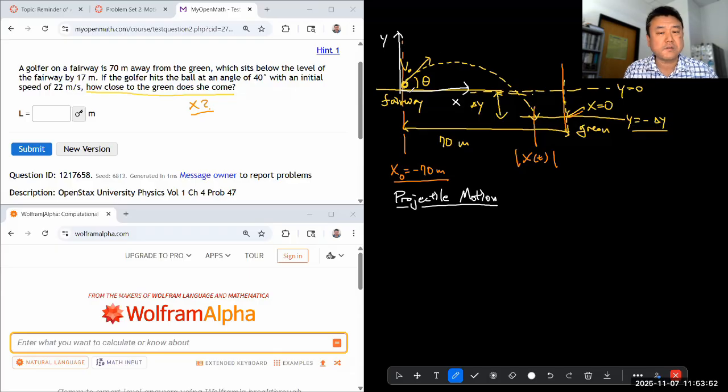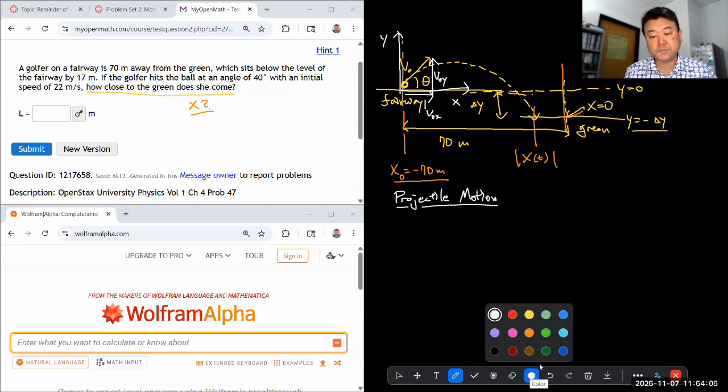Especially if you have an initial velocity, there will be an x component of that, there will be a y component of that. So this is v naught x, this is v naught y. And the reason doing that is useful is because the equations that govern projectile motion are broken out this way.